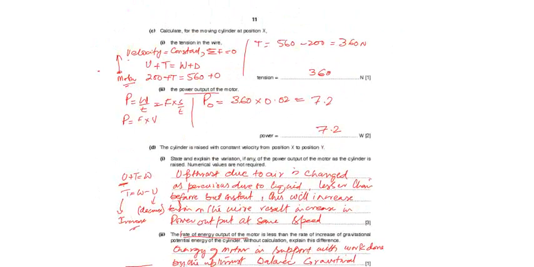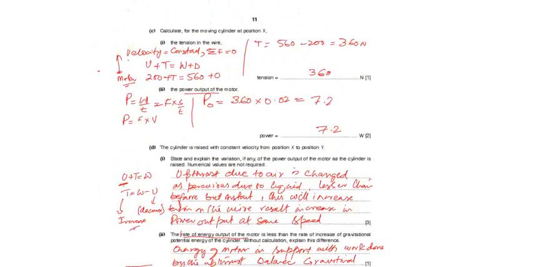Tension is also upward because the body is moving upward. Weight is downward, and drag always opposes the motion, but the question says the drag is 0. So upthrust 200 plus T equals 560, the weight. So the tension is 560 minus 200, which is 360 Newton.